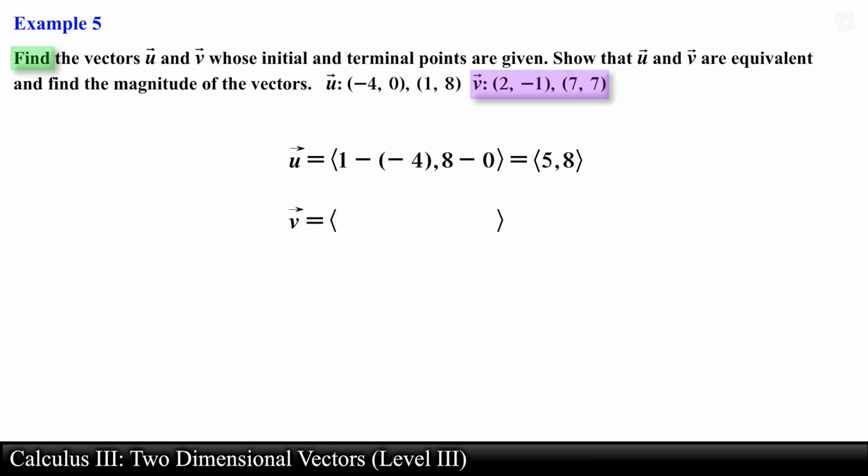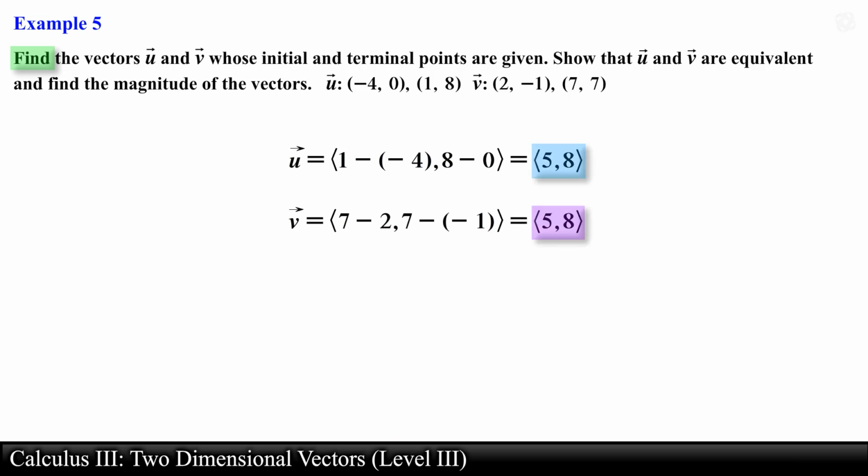Alright, now we do the same for vector v and obtain the following. 7 minus 2 for the x component, which simplifies to 5, and 7 minus negative 1 for the y component, which simplifies to 8.